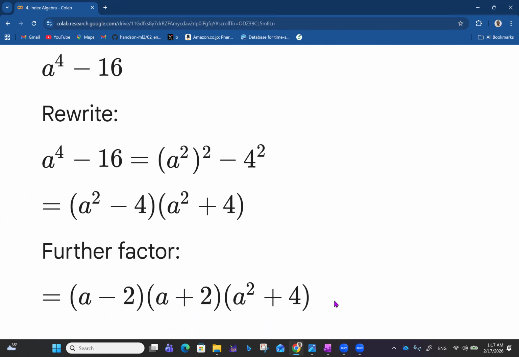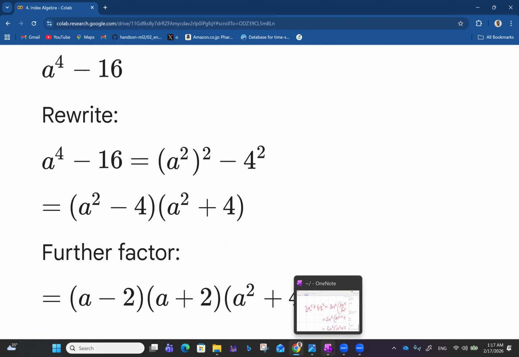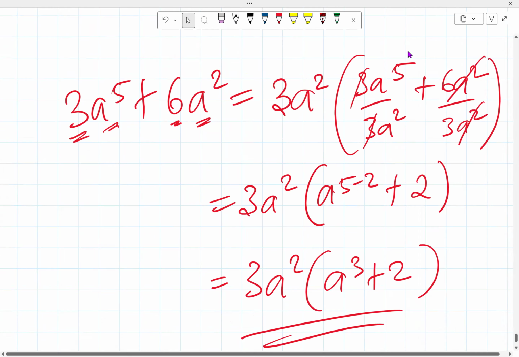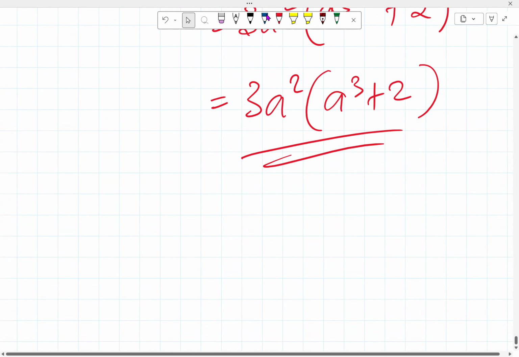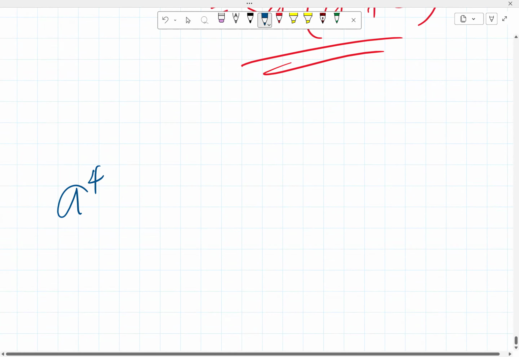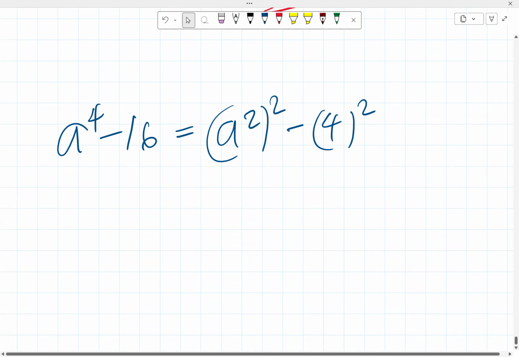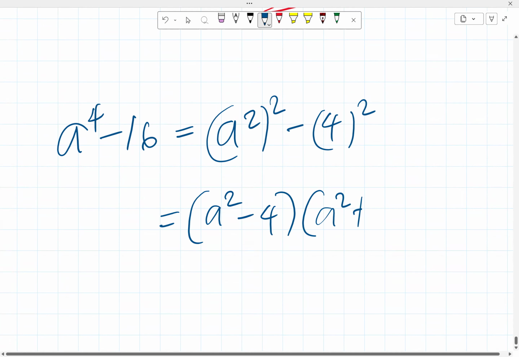I feel I should just do it on the worksheet. A raised power 4 minus 16. Using this concept, first of all, we know this can be written as a squared squared minus 4 squared, right? So that means we have a squared minus 4 into a squared plus 4.